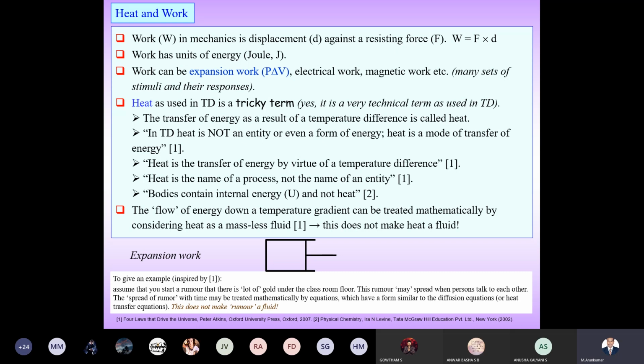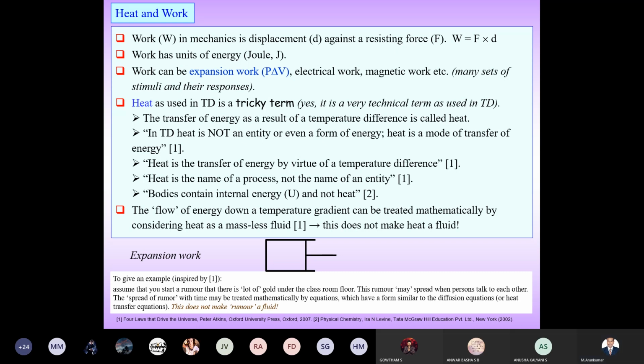After expansion, the pressure is decreasing and the volume is increasing. There will also be a transfer of energy, in the sense of heat energy.